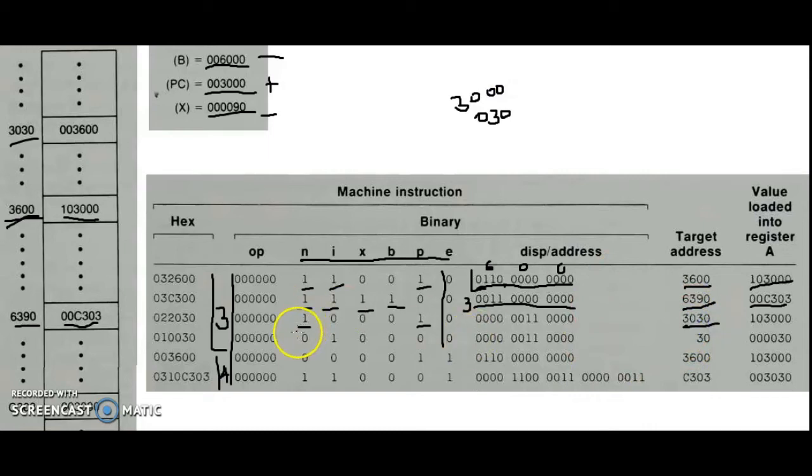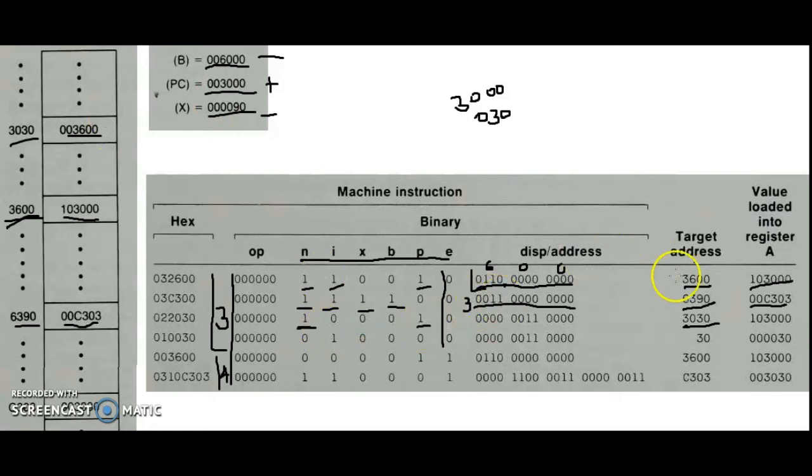Now the addressing mode is n equal to 1. What does n equal to 1 mean? Indirect addressing mode. So at 3030, you will be getting one value which will be some address where the actual value is stored.